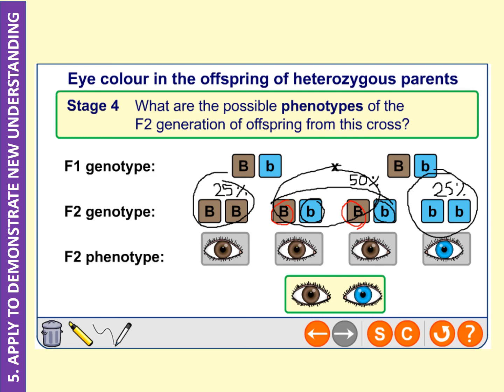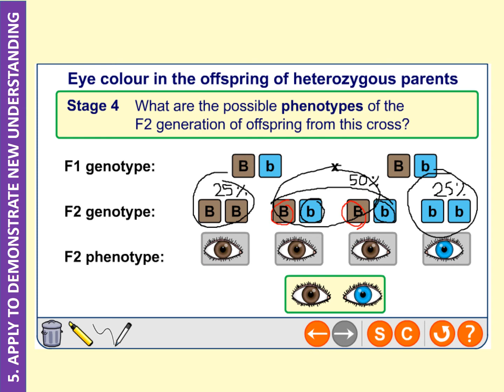Now, it's really important that we get that these aren't necessarily 4 children. Let's say these people have 100 children. Well, that simply means that 25 of those 100 would be in this category here. Now, the middle two are the same.